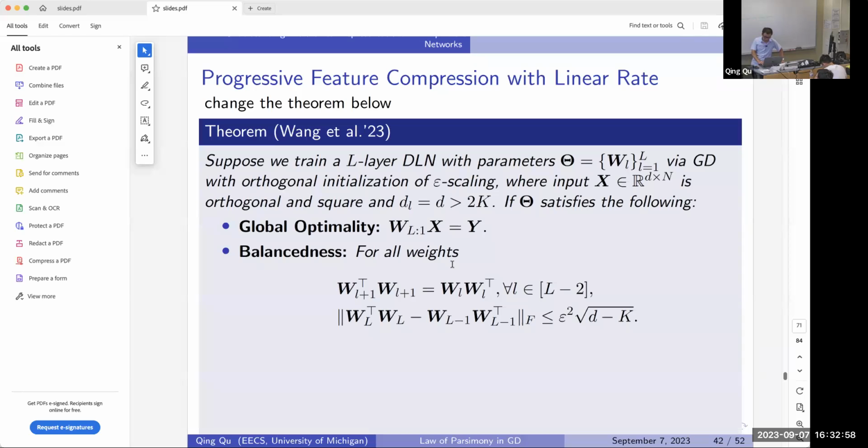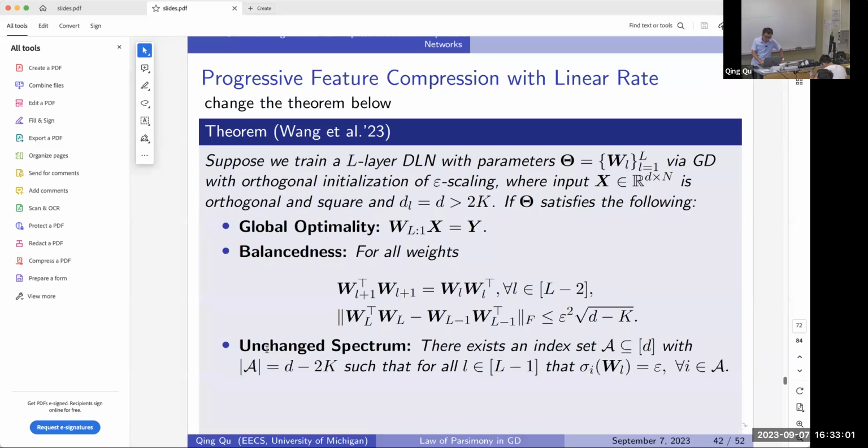Because we can show that when the training converges, the spectrum of your network is only changing in a small subspace, such that the singular values of each layer are around epsilon, and that's why it is compressing the features across layers using an epsilon level of scaling.